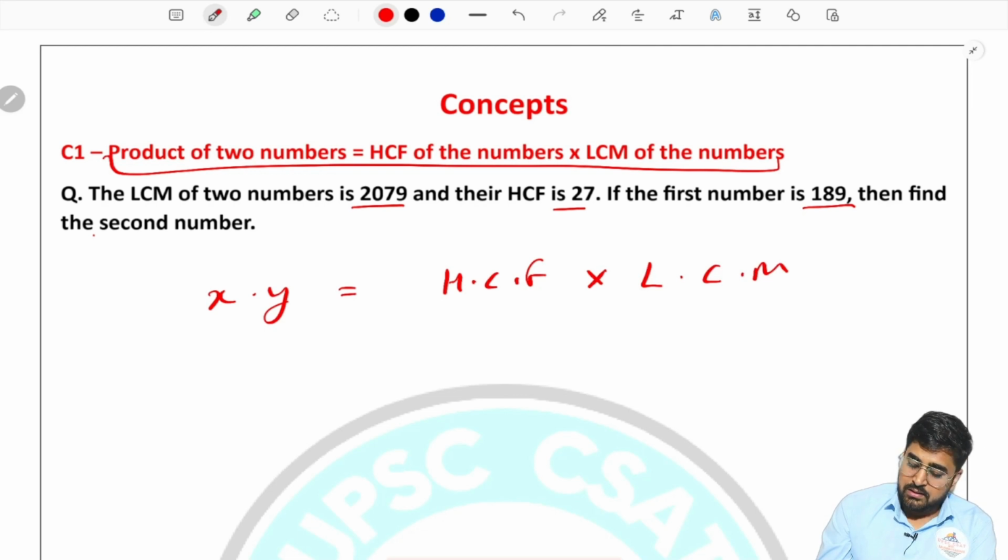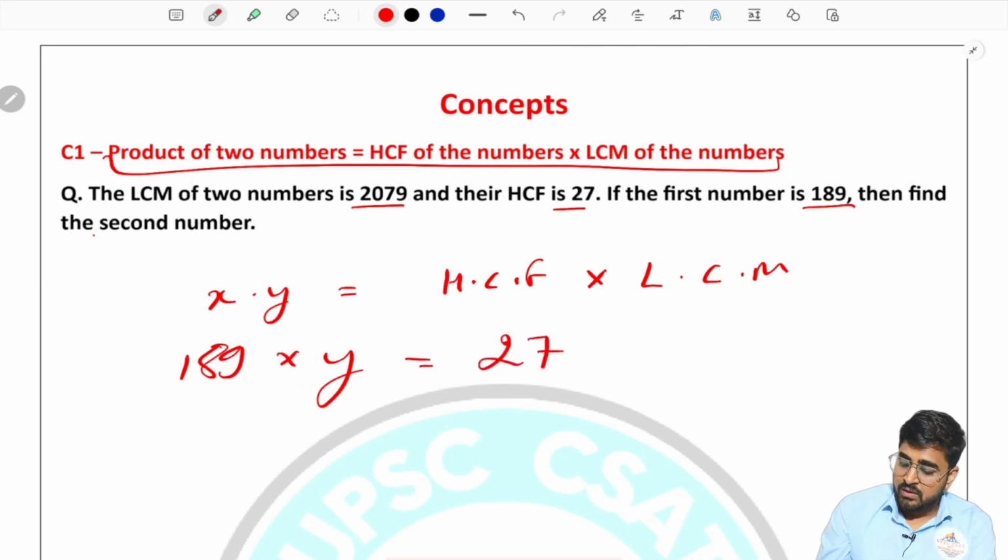Okay. In this case, number 1 is 189. We do not know about the y part. Now HCF is 27 here and LCM is 2079.